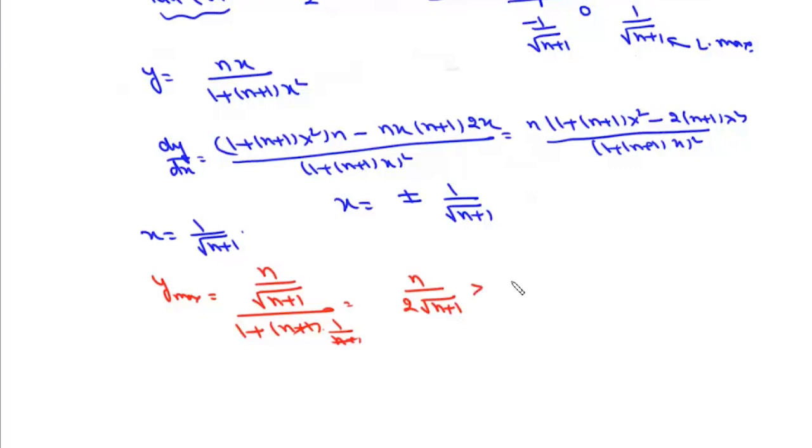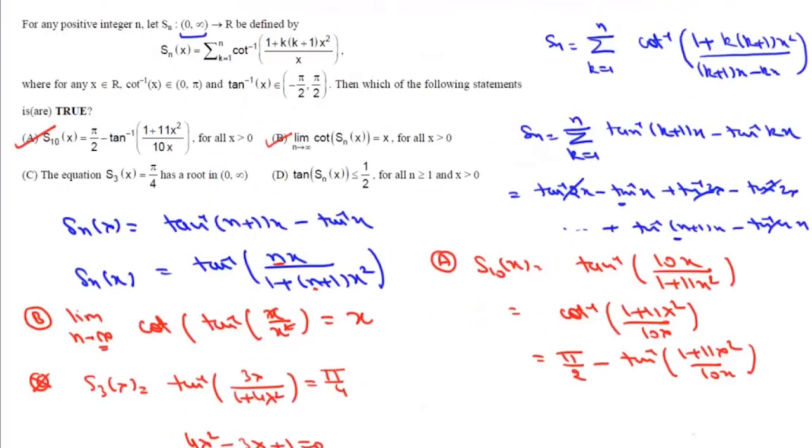Now it is always greater than n upon twice under root n, and we can write it is greater than under root n by 2. Now since n is greater than or equal to 1, this value is greater than 1 by 2. So its maximum value is actually greater than 1 by 2. That means this option D is incorrect. So the correct options are only A and B.